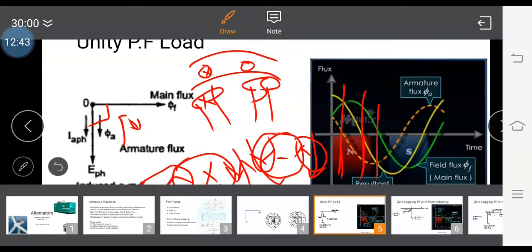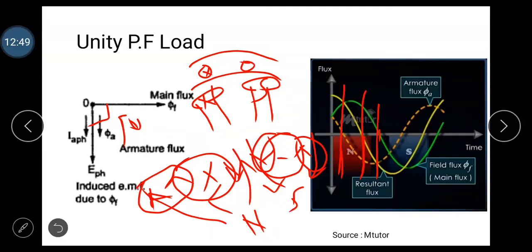The general neutral point should be at this position, but the resultant is now shifted a little to this point. So the 90 degrees shift is there, and the effect of this will be cross magnetism.